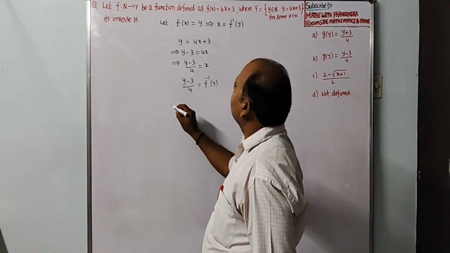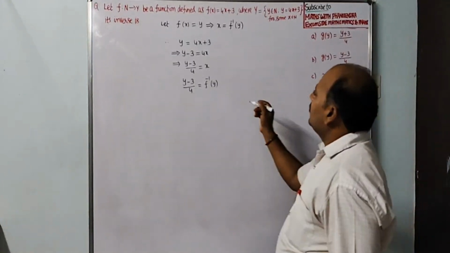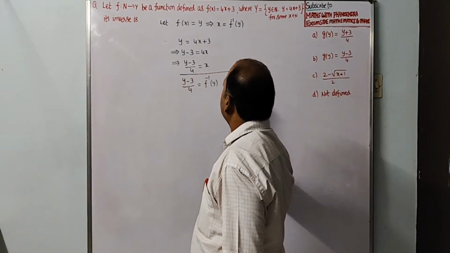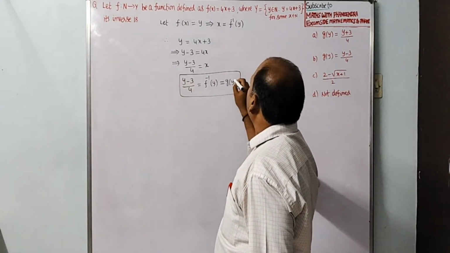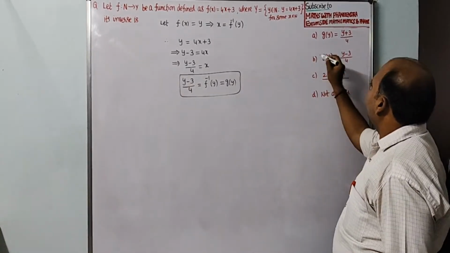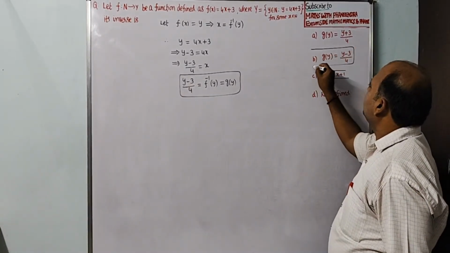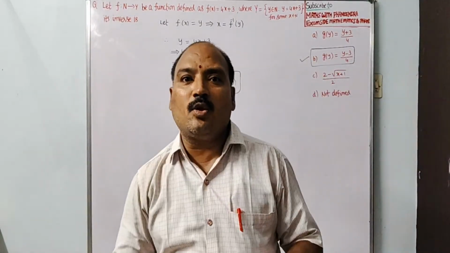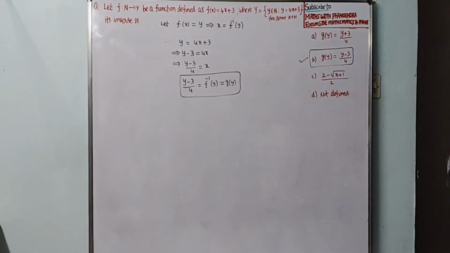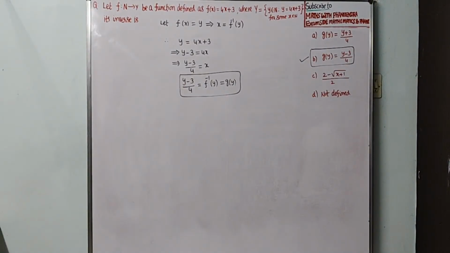They are asking in the options for f inverse of y, given as g of y. So (y minus 3) divided by 4 is the right answer, dear students. This is the way you can calculate the inverse of a function. Okay, we'll move on to another question.